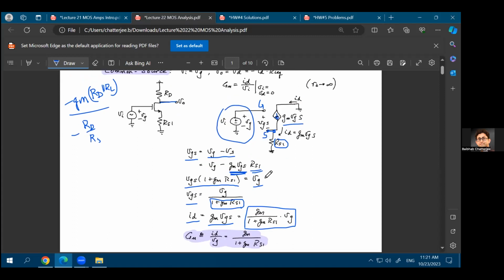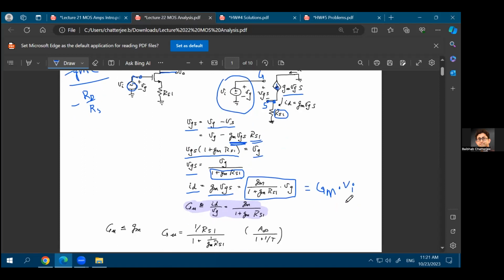So in terms of the whole system, as you are applying this input voltage, that is equal to Vi. Remember VG is equal to Vi, because the gate voltage is this point's voltage, which is the same as the voltage that you are applying over here. So this is equal to capital Gm times the input voltage. Just from the definition, this uppercase Gm is the transconductance of the entire system, and the lowercase gm is the transconductance of just the MOSFET device.